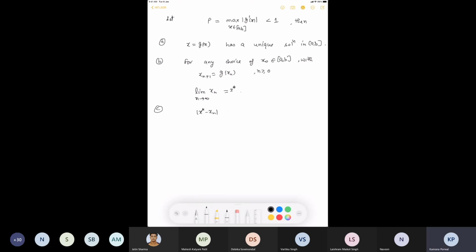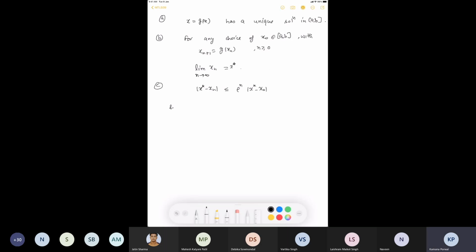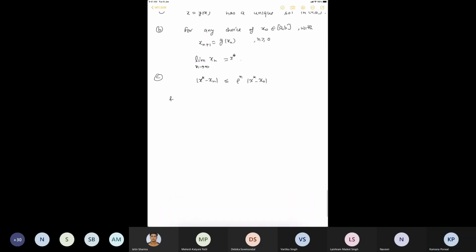Okay, and we can also show that the error in the nth iterate is less than or equal to rho raised to the power n times |x star minus x naught|. And further, we can also find the order of convergence explicitly. So we can prove that this limit is nothing but G prime of x star.